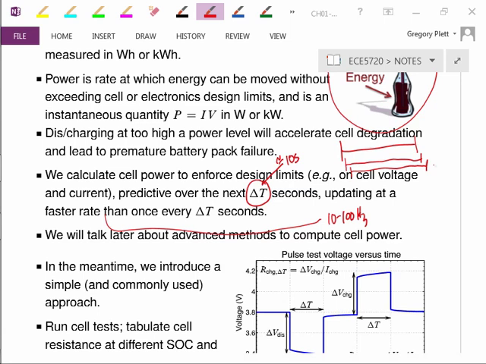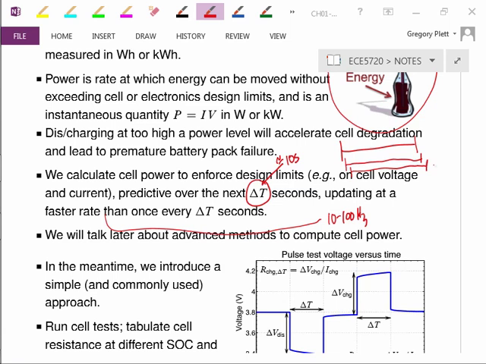But the prediction should be relatively accurate so the vehicle can make long-term decisions of, do I need to spin up the engine to get more power out of the engine versus taking power out of the battery pack, and so forth. We're going to look in Chapter 6 at some advanced methods to compute cell power, and in Chapter 7 even more researchy, futuristic ways of computing pack power in an even better way.